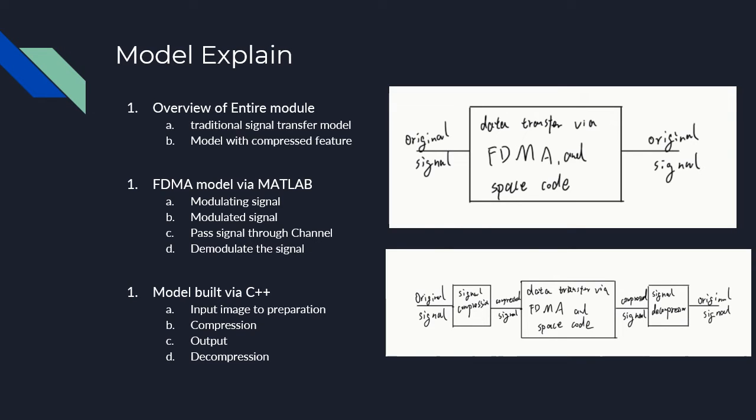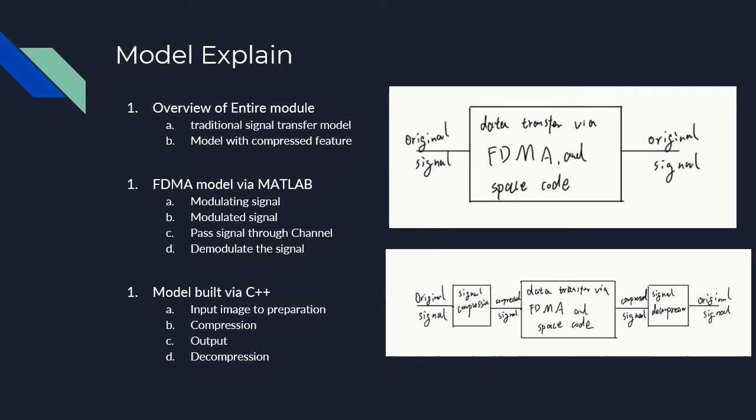Then we also have 2 different modules outside of the FDMA: the first is the compression, the second is the decompression. For the compression, we put the image through preparation, which will do sampling and quantization.